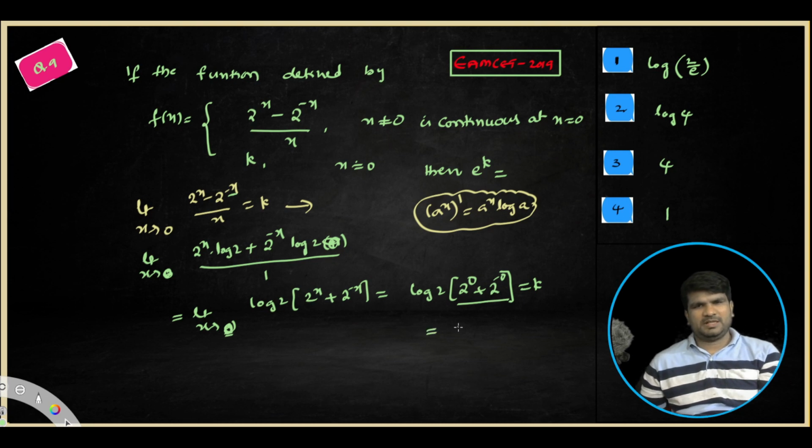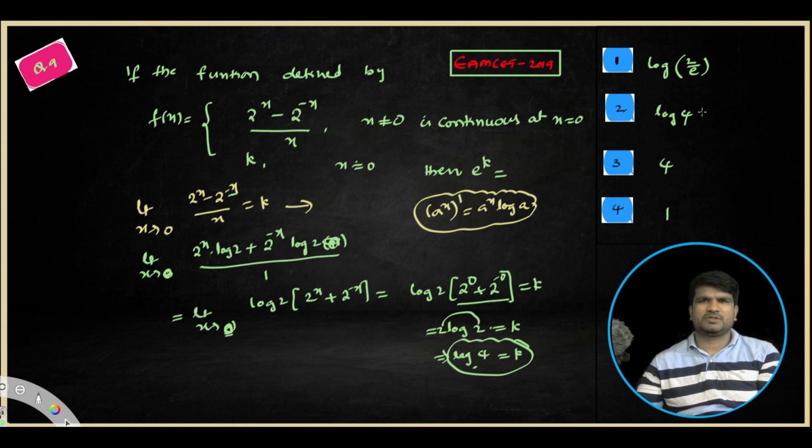So the answer is log 2 into 2 equals k. This will become logarithm of 2² which is 4, equals k. Therefore k equals log 4. So the second option is the right option.